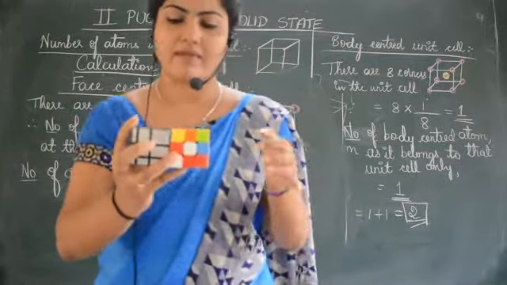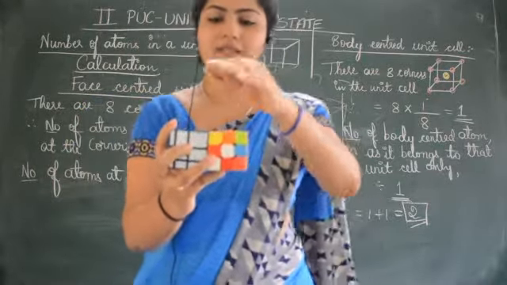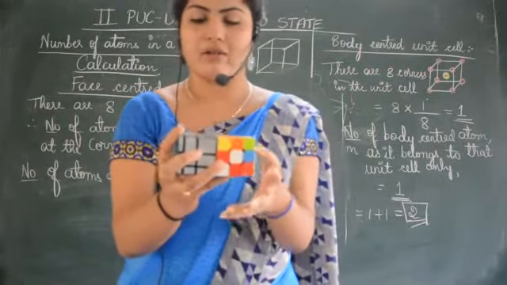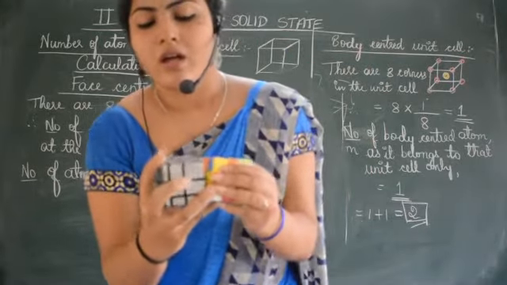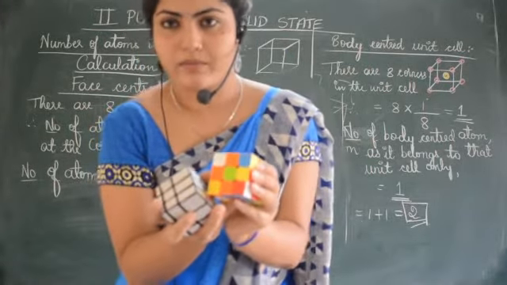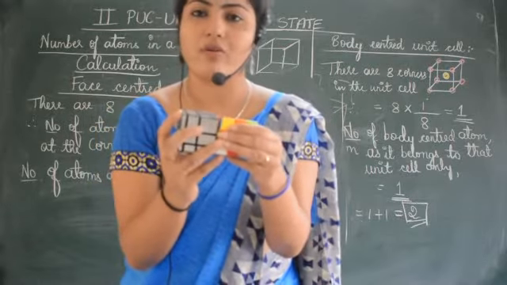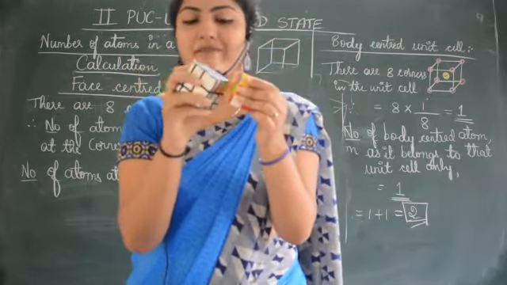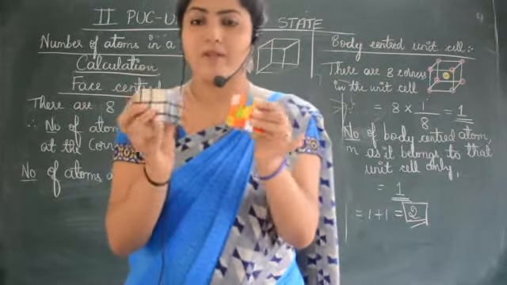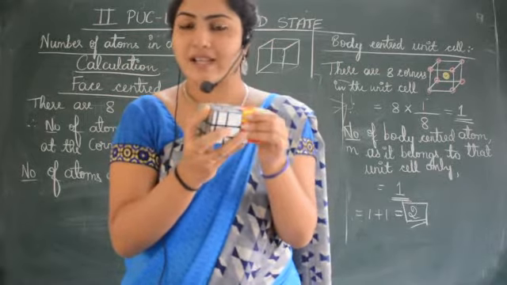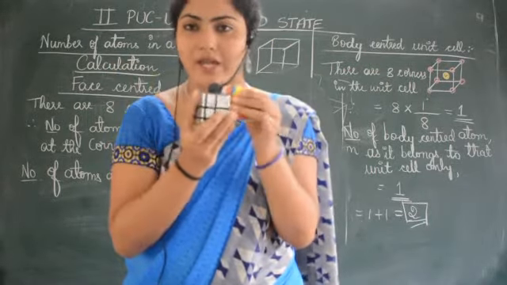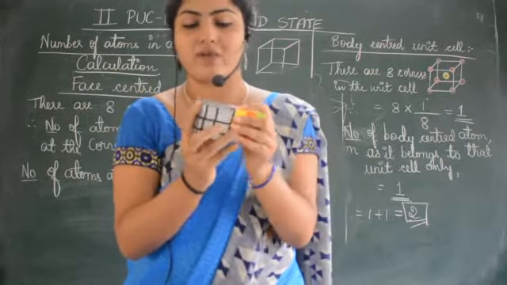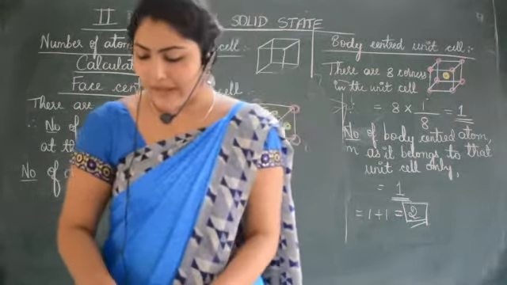Even if other unit cells are placed above, below, on the other side, this particular face-centered atom is shared by only one more unit cell. That means 2 unit cells are sharing a face-centered atom. Are you getting it? Only 2 unit cells share a face-centered atom, because this has one face, and the other has one more face, so the 2 will share that particular atom.